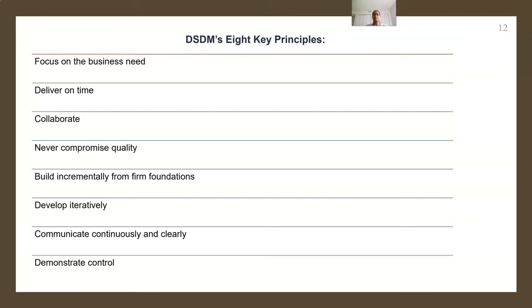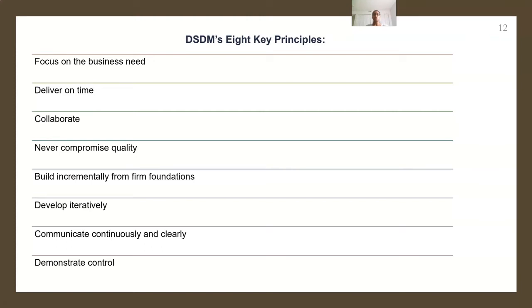So DSDM is based on 8 key principles that direct the team and create a mindset to deliver on time and within budget. These agile principles primarily revolve around the business needs or values, active user involvement, empowered teams, frequent delivery, integrated testing, and stakeholder collaboration.